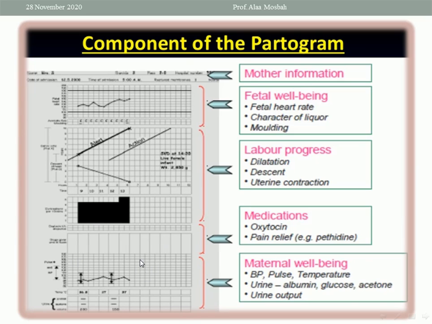Then the maternal will be including the pulse, the blood pressure, the temperature, and lastly the criteria of urine, its volume, presence of proteinuria or glucosuria or acetone in this part. This is a component of the partogram.